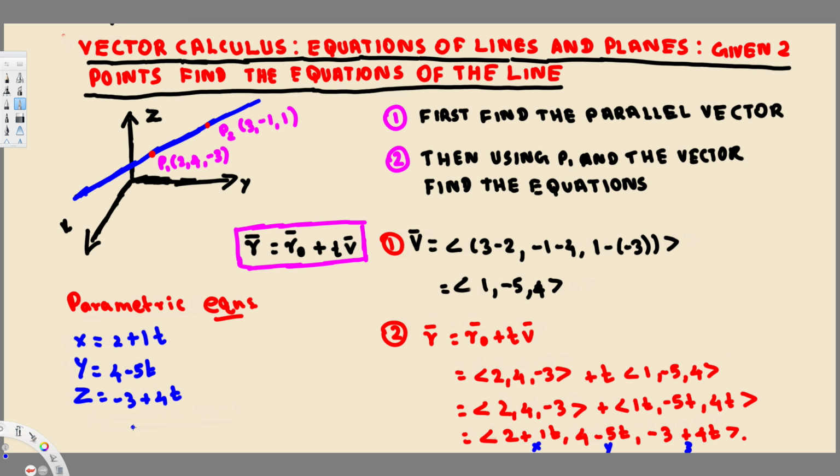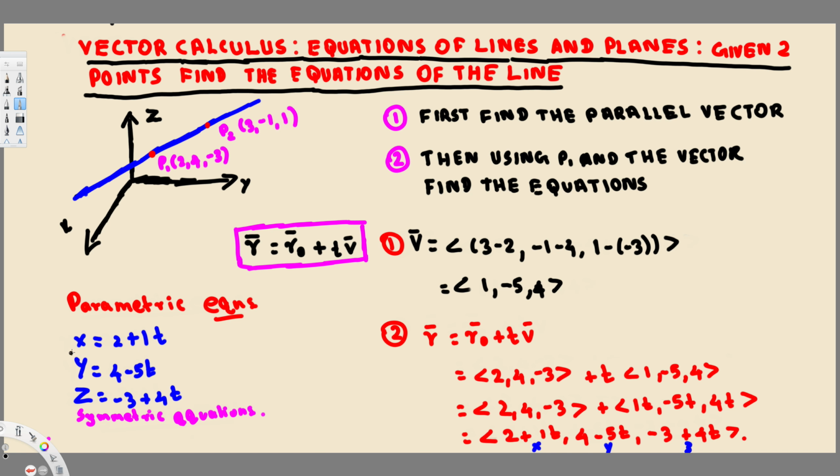Now what is symmetric equation? Symmetric equation is basically when we rearrange this parametric equation in terms of t. That's going to be the symmetric equation. Now let's do this. Symmetric equations, right? Now that's going to be what?